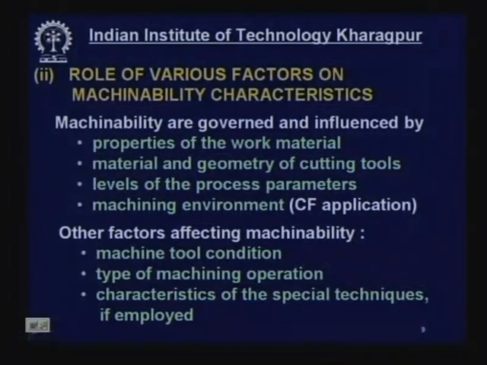Machinability means ease of machining, which is judged by reduced machining force, reduced cutting temperature, enhanced tool life, and improved surface finish or reduced surface roughness. This has to be improved all the time. A lot of research is always going on to improve machinability of different materials.